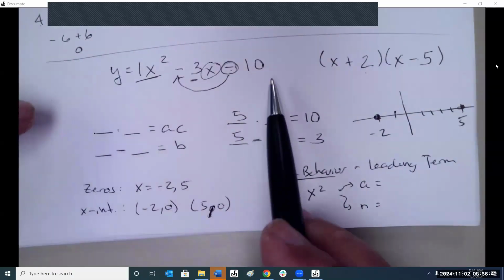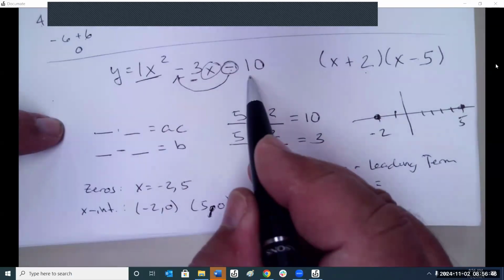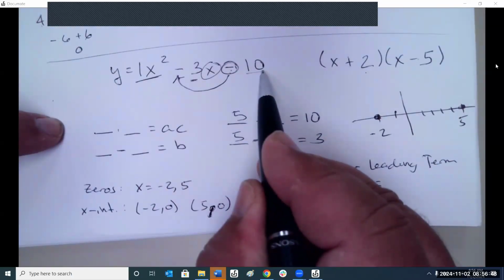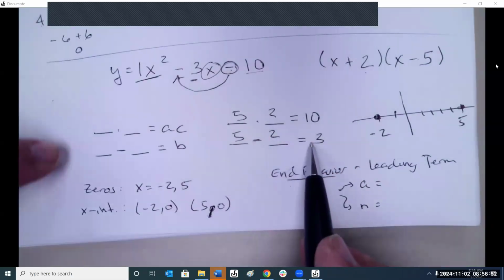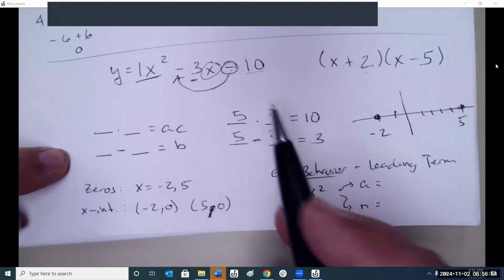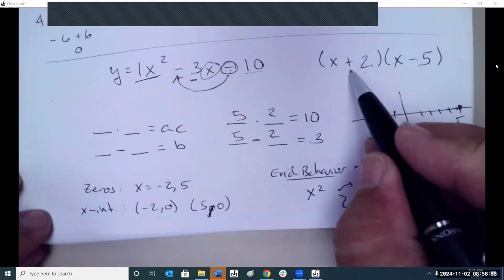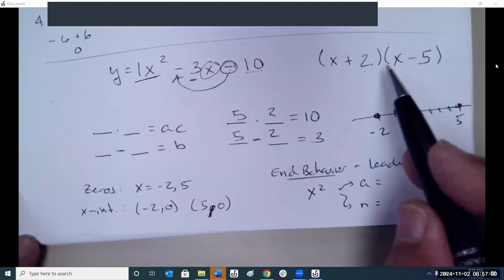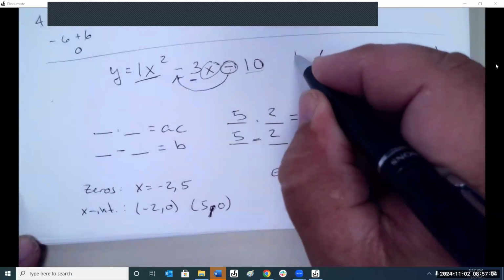So let me recap what we just did here. What I'm looking for is what two numbers multiply to give you 10, then when you subtract them, you get 3. 5 times 2 is 10, 5 minus 2 is 3. Now the signs are taken care of. These are the factors.